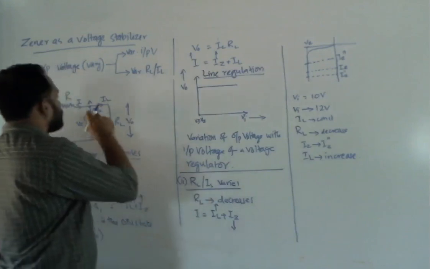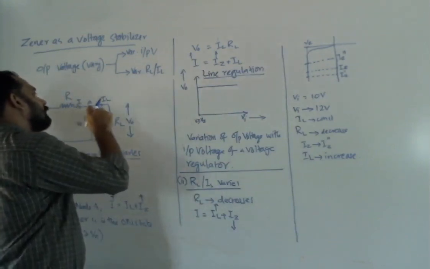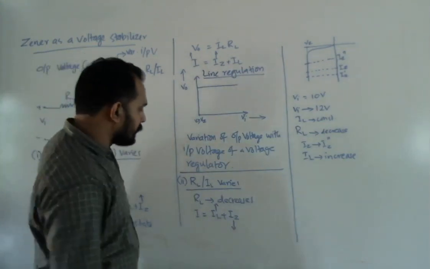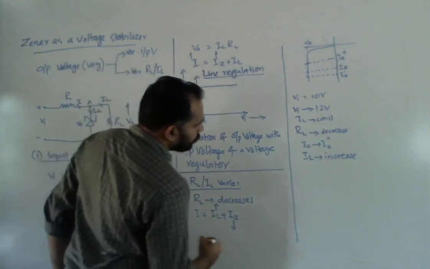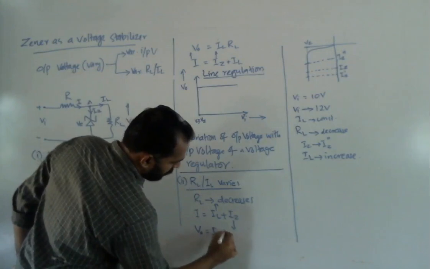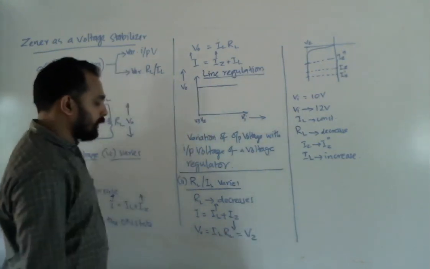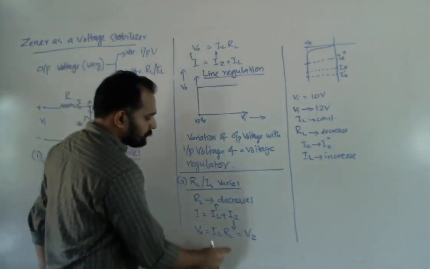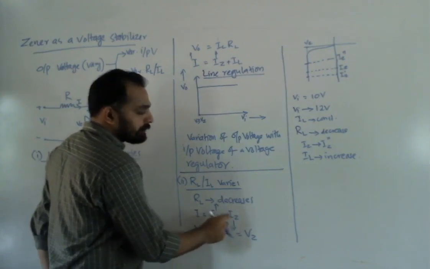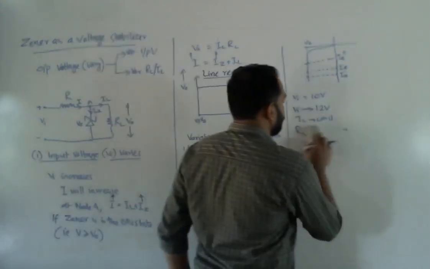So when Iz decreases, I remains constant, so the extra current will flow through the load resistance, that means IL increases, so that the output voltage V0, in this case IL into RL, becomes a constant, that is equal to Vz again. When RL is decreased, IL will be increased by decreasing the Zener current. This is the way you can understand.